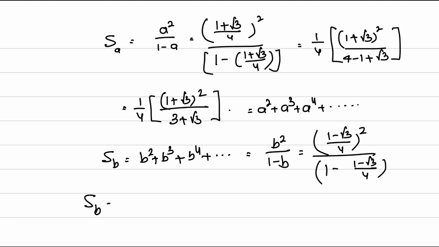Similarly, in a similar way, if we calculate, this is 1 by 4 into (1 minus root 3) whole square divided by 4 minus 1 minus root 3, that is 3 plus root 3. Here it is not 3 plus root 3, it is 3 minus root 3.